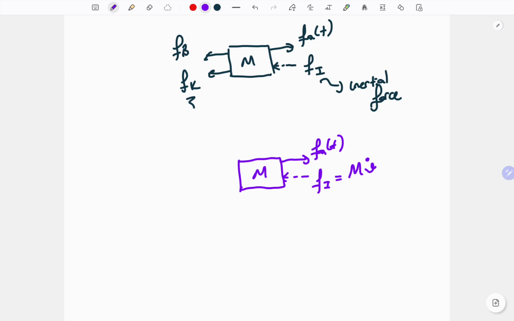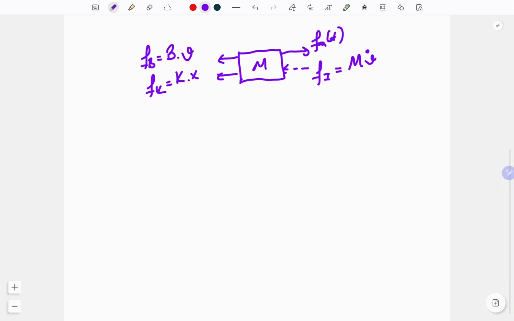Then on the left side, we have two more force arrows. The first one is Fb, which is the force exerted by the dashboard. The equation must be the dashboard constant times the velocity. And the next one, Fk, the spring force, which is K, the spring constant, times the displacement. So we have the detailed expressions in the free body diagram. Now we can skip the figure and we have the model of the system.